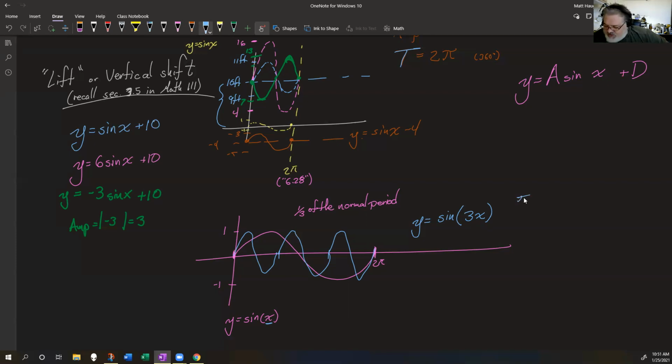So this would make our period, our natural period, 2 pi, divided by this speed factor or compression factor, 3. So each of these would have a period of 2 pi over 3.